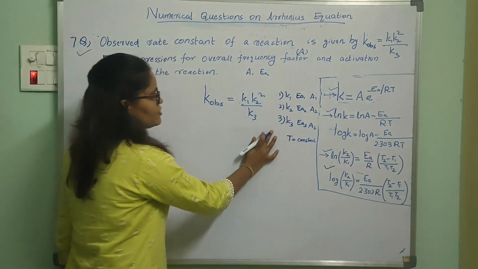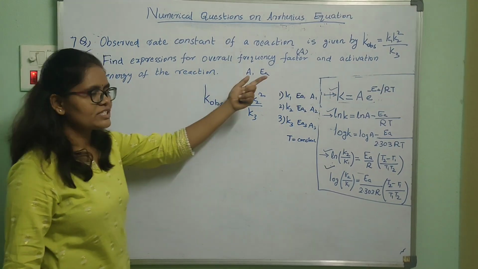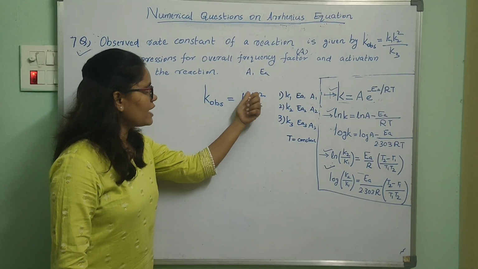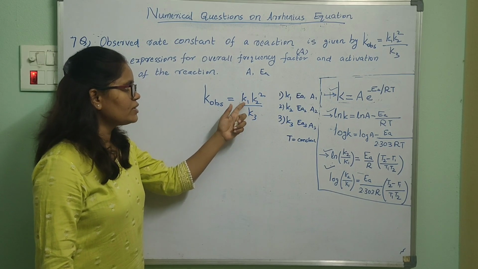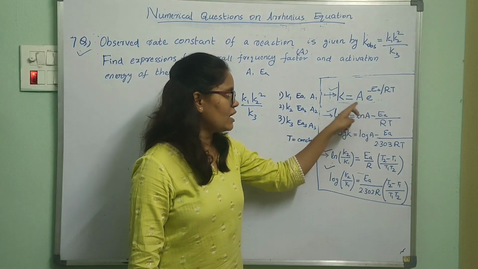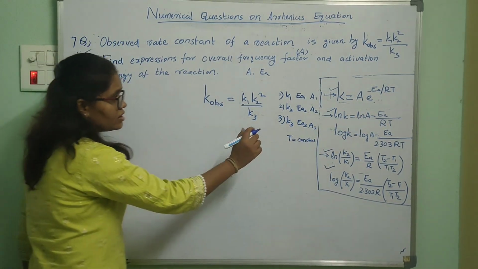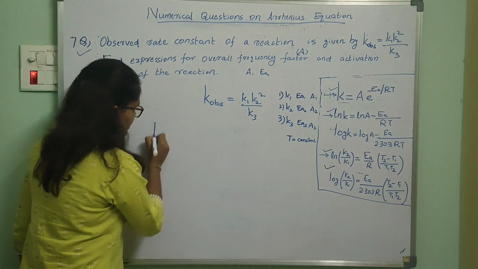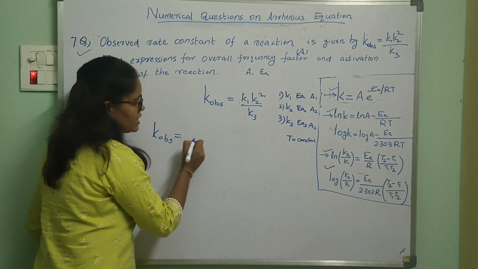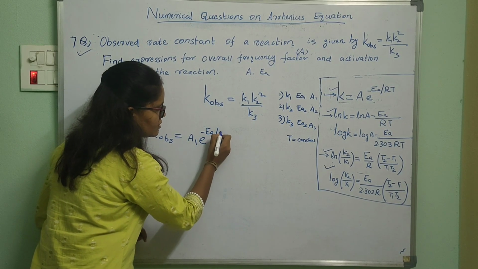So now we have this information. Now we move on to find the value of overall frequency factor and activation energy. When you look at this equation, you can write the rate constant in the form of A into e power minus EA over RT. So in the place of K1, I can write A1 into e power minus EA1 over RT.